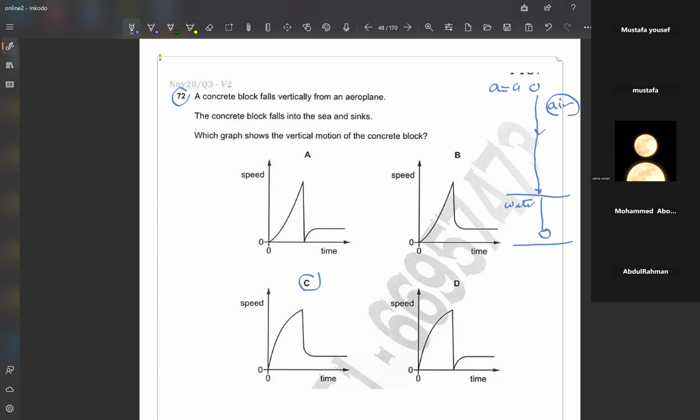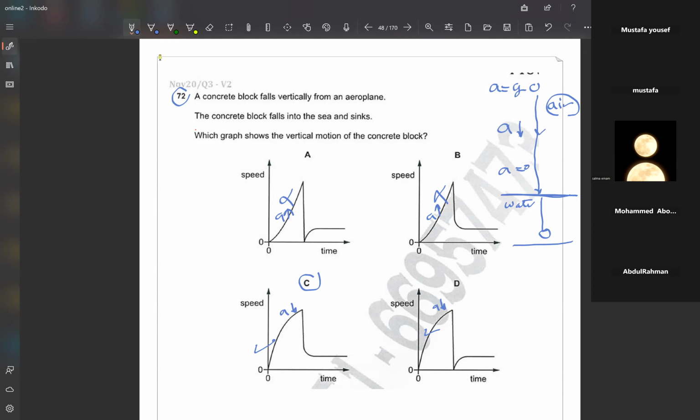It starts with acceleration equals g, then acceleration decreases until acceleration equals 0 before hitting the water surface. In A, acceleration increases, and in B, acceleration increases, so I can't choose A and B. In C and D, acceleration decreases, so I have to choose between C and D.